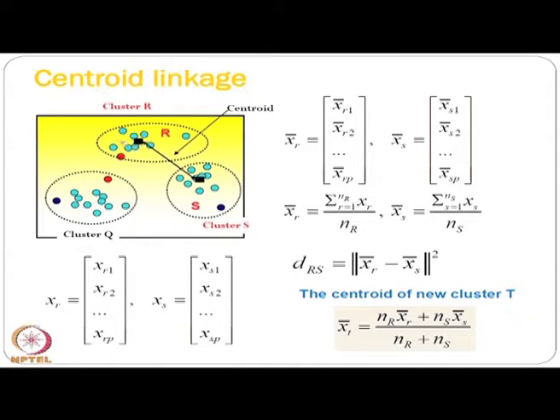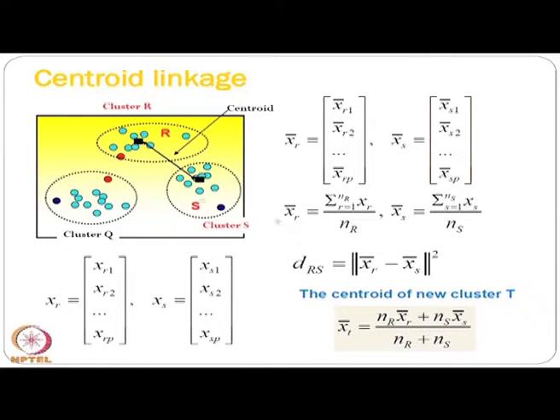Hypothetically assume that these many members are here and these many members are here in these two clusters, and each member is measured in terms of p variables, xr1 to xrp, and xs1 to xsp. Now you are finding out the mean of the variable vector here, as well as the mean of the variable vector here.